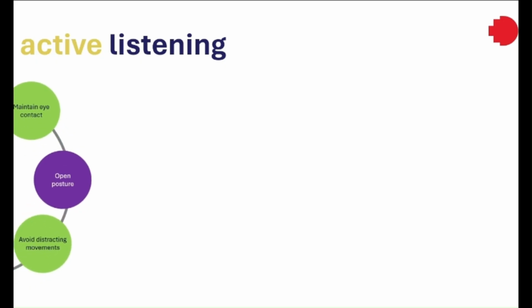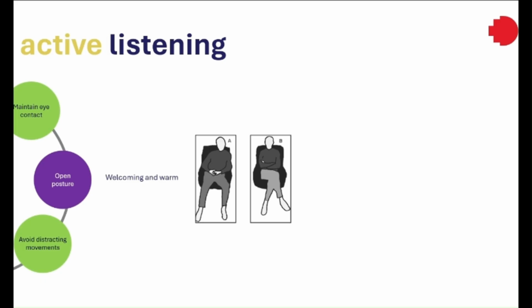We can also think about open posture. This is quite important because an open posture gives a welcoming message and a closed posture doesn't. An open posture includes things like arms on the side of the body and head of the counselor pointing towards the client to signal that we are happy to hear what they're saying.